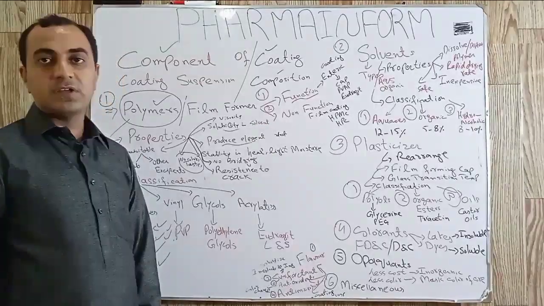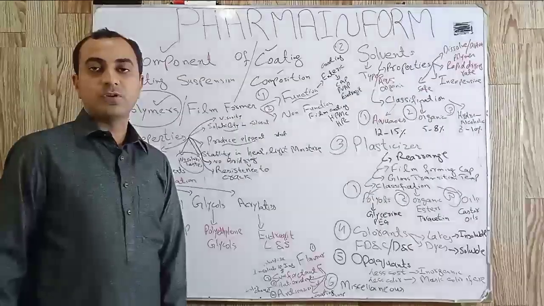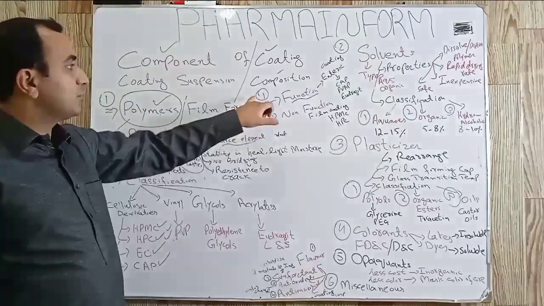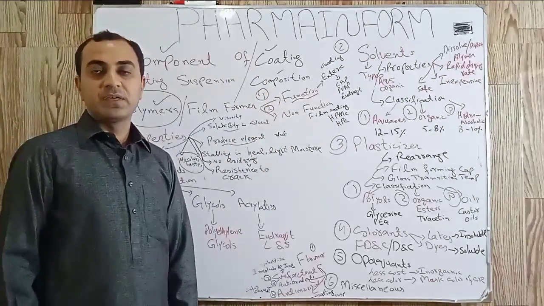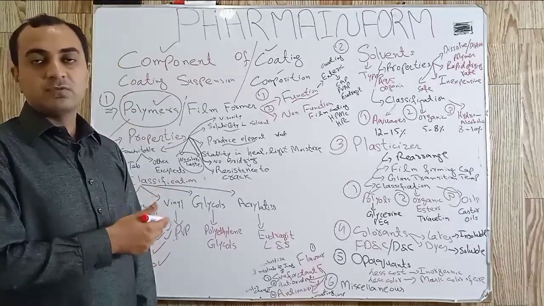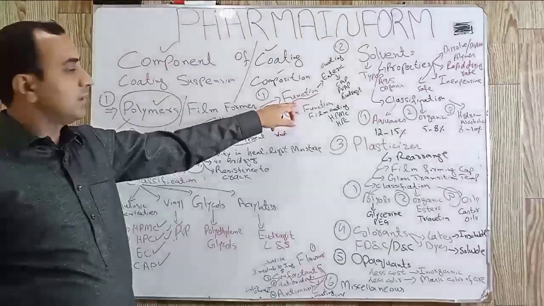Functional coating is the type of coating in which the polymer used has a direct effect on the release of the drug or API. If we are using a polymer which affects the release of our drug, that type of coating is called functional coating.